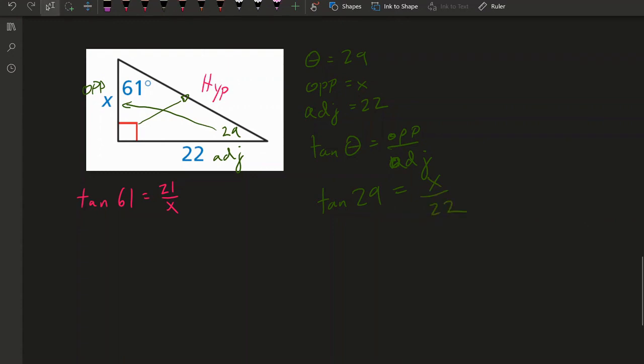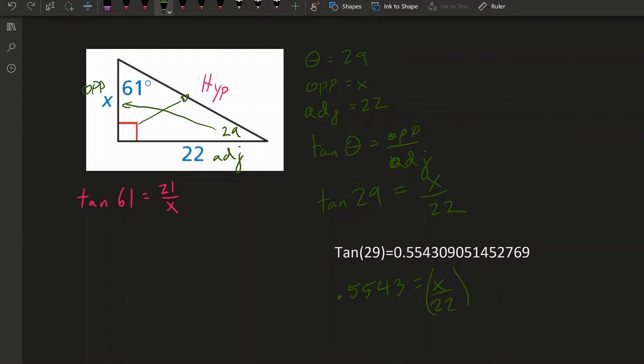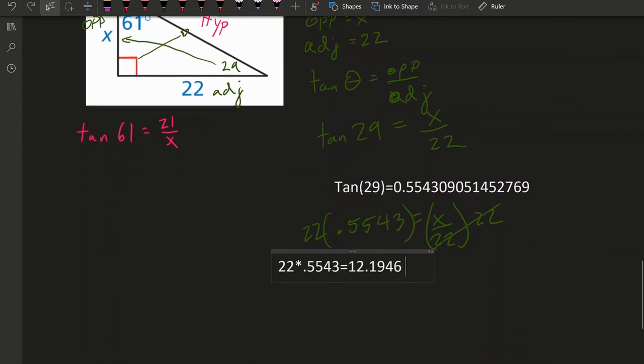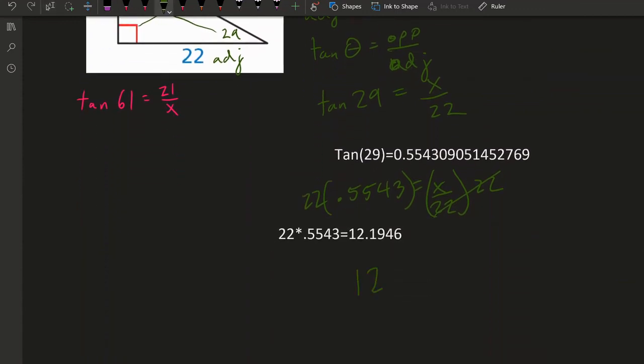Let's go ahead and calculate the tangent of 29. 0.5543. So 0.5543 is equal to x over 22. And then we'll just multiply both sides by 22, and these will cancel out. 22 times 0.5543 is equal to 12.19. So if we round to the nearest tenth, that would be 12.2 is equal to x, and we're done.